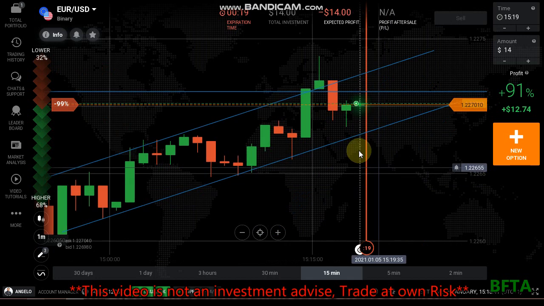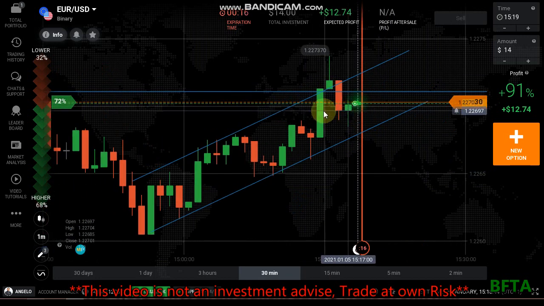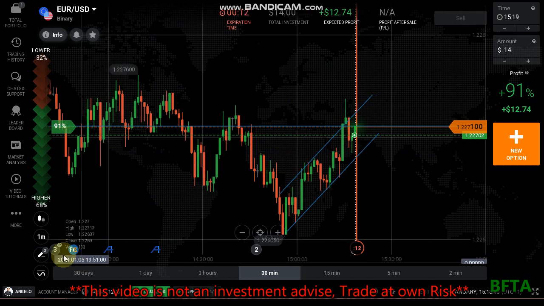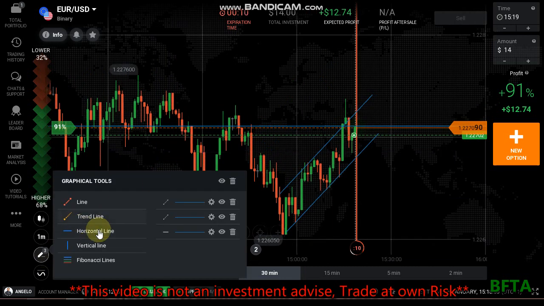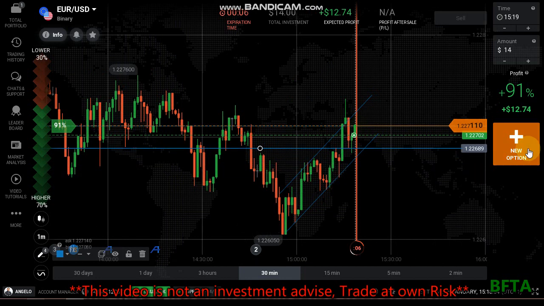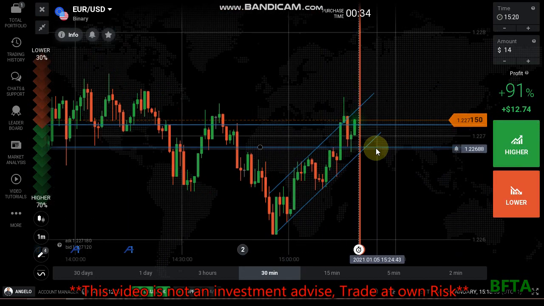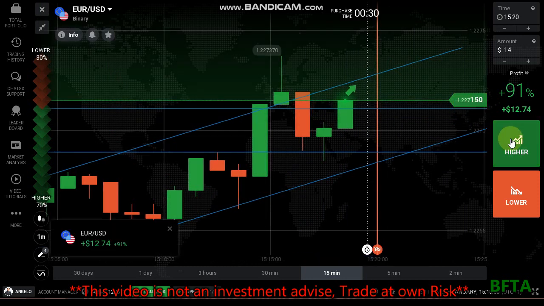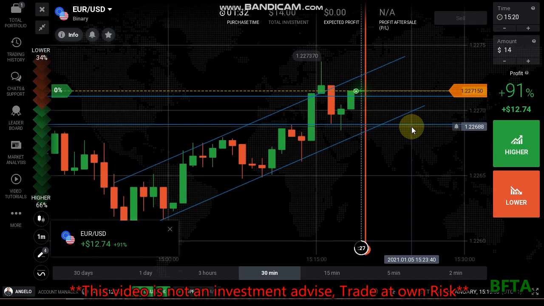Okay, so the sellers entered, and now there's a level here too. So that is why we see buyers entered. Now buyers have crossed this line, so buyers are going to enter again, going to place call option.